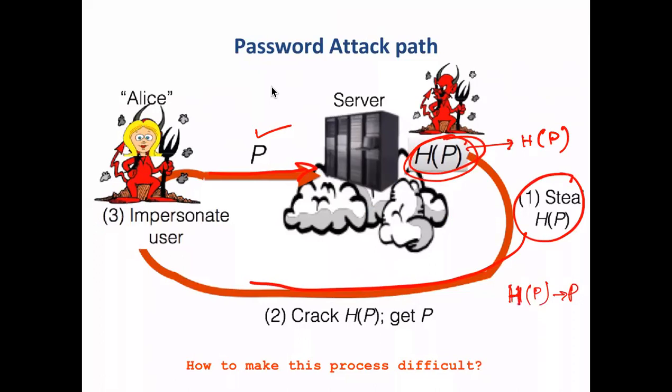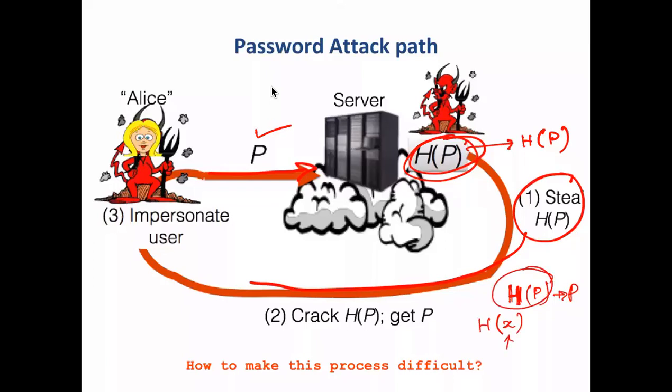Although they know the hashing function H, they cannot easily get P. So the only way is that they will have to put something into the hashing function, and H(P) is available, right?